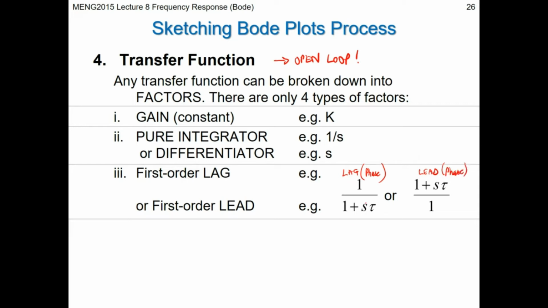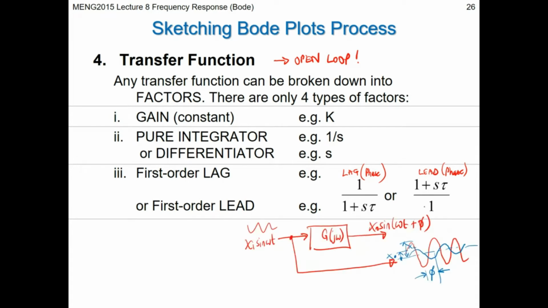So if you have a 1 over s plus tau term, a denominator expression, and a 1 on the top, then this is going to introduce a phase lag between the input and output. Remember, all the time we have our little system, and if we have a first order term with a zero, which is 1 plus s tau, this will give you phase lead. Effectively what that does is it shifts the blue line, which is the output line, ahead of the red line.